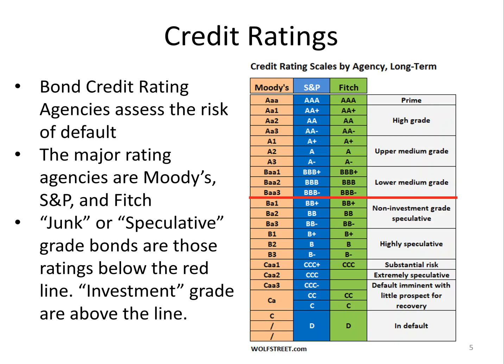Let's talk about credit ratings. The main credit rating agencies are Moody's, S&P, and Fitch. And these ratings are simply assessing the probability of the bonds defaulting. Now you'll see in this schedule here that we have a red line drawn, and all three of these rating agencies have two classes of bonds.